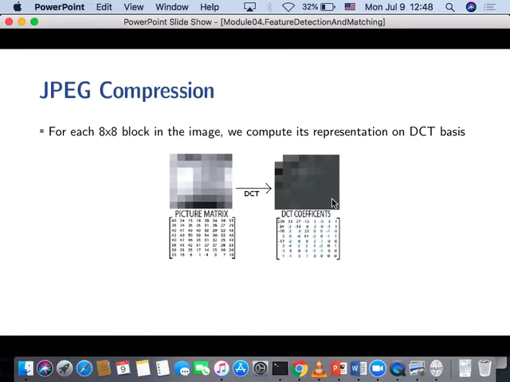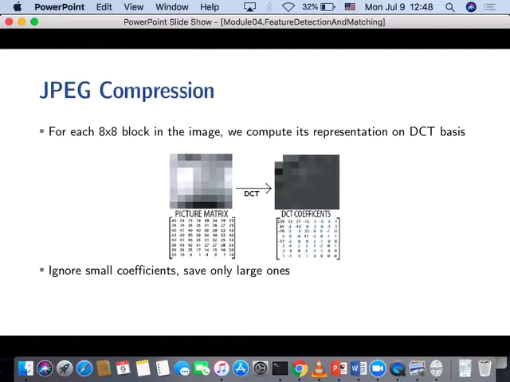I can have a few places, but not a whole lot. That's a universal property of natural images, and that's why JPEG works so well on all types of images that you have. So what we do is ignore the small coefficients which are close to zero. We save only the large ones, and that's the image that we encode and transmit.